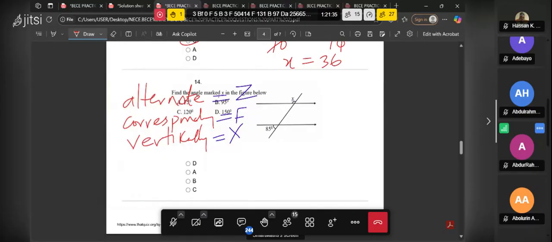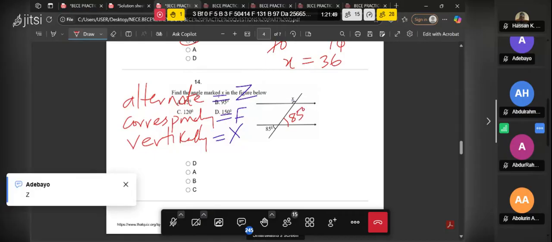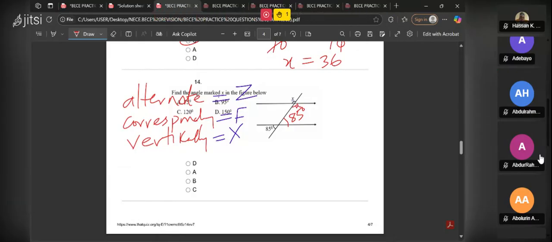Now what we have here, this 85 here is equal to this place, 85. And this X here is equal to this X here. So we can make use of co-interior angle.